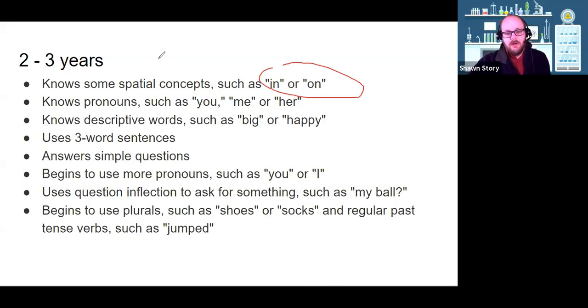2 to 3 years old, we start seeing more prepositions. We see that with a concept called object permanence, which we'll look at too here in a little bit, of like, just because we don't see something doesn't mean it doesn't exist. At this age, children are starting to realize, I know there's a bottle. Even though I can't see it, I know it's still there. I put it here, I walk away, I come back, it should be there because it's there. Even though I can't see it, it still exists.